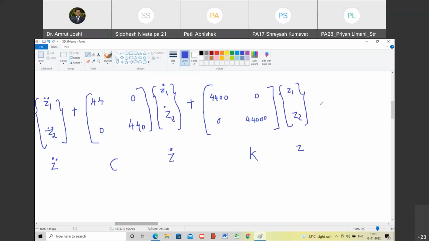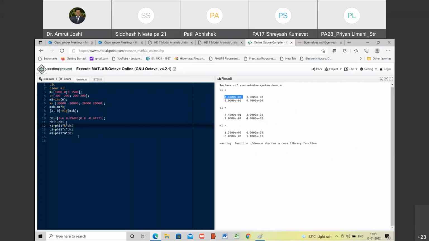This must be equal to phi transpose into F. So I will now have to write down the F matrix. What is the F matrix? It is the matrix of zeros, 0, semicolon 0. Do you agree with me? Yes, sir. And what is the generalized F matrix? I'm going to call it F1. In our notation, it is capital F. It is phi transpose F. Do you agree with me? Yes, sir.